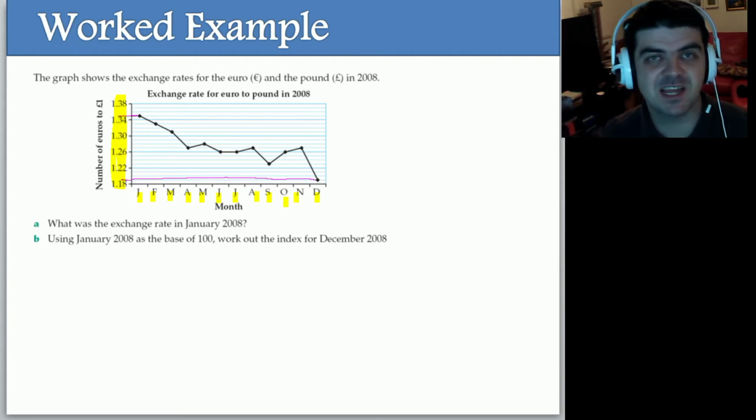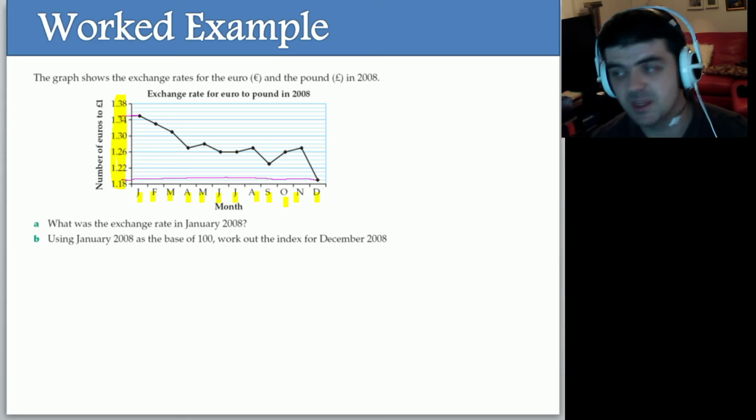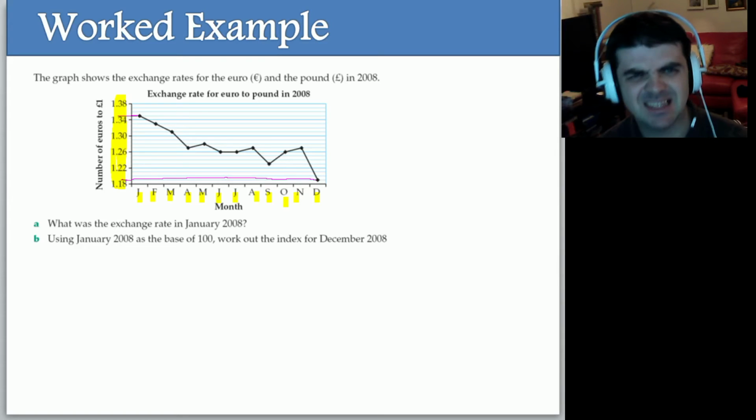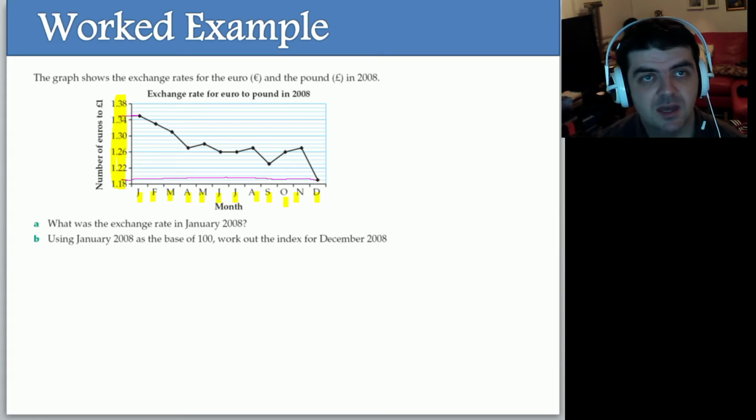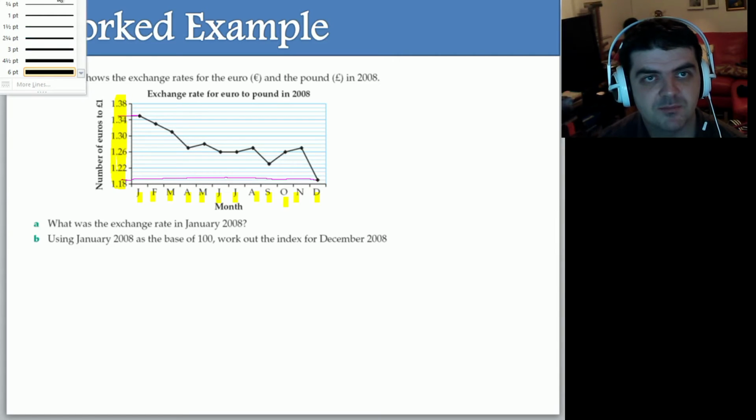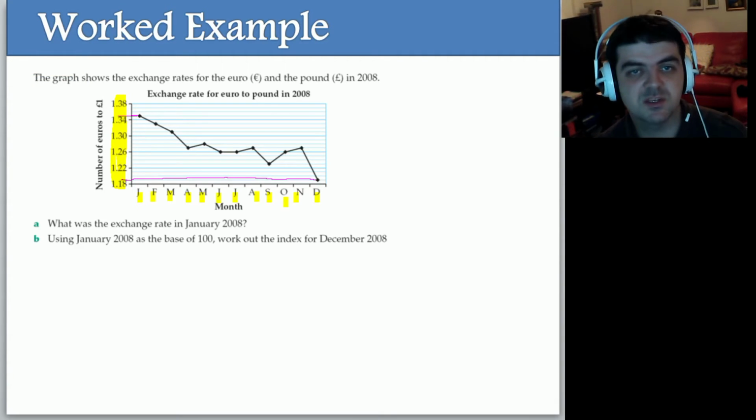Next one, something slightly harder, but it's still supposed to be within the realms of foundation, though I wouldn't expect to see it in a foundation paper, but apparently it could be. The graph shows exchange rates for the euro and the pound in 2008.